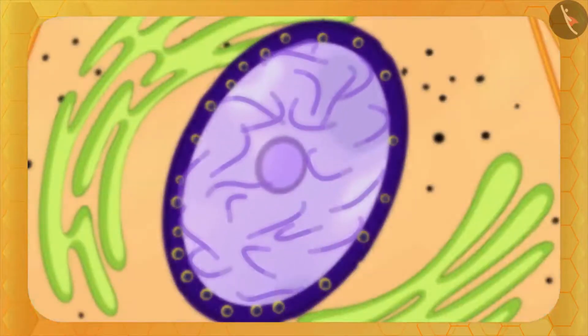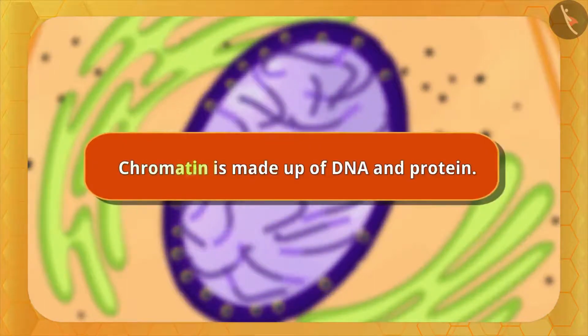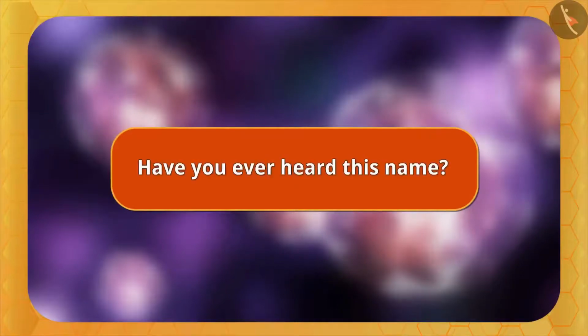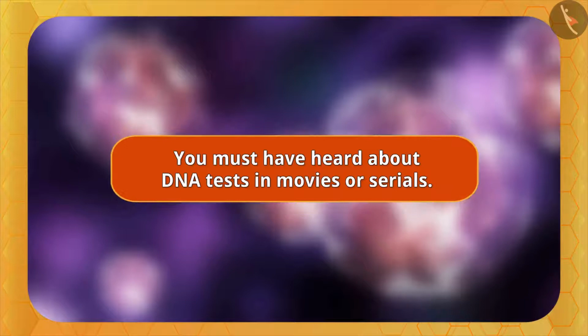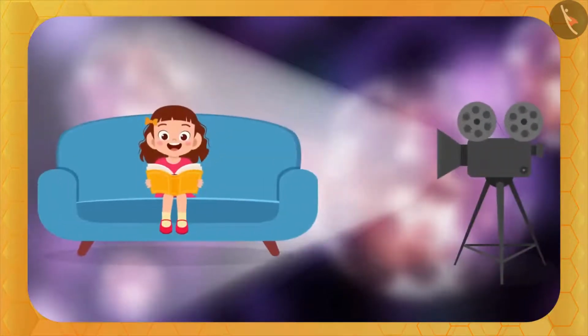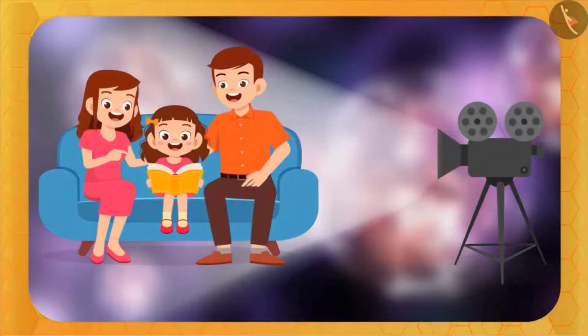So, it can be said that the chromatin is made up of DNA and protein. But friends, what is this DNA? Have you ever heard this name? You must have heard about DNA tests in the movies or serials. This DNA test is done whenever the parents of a person have to be found out.